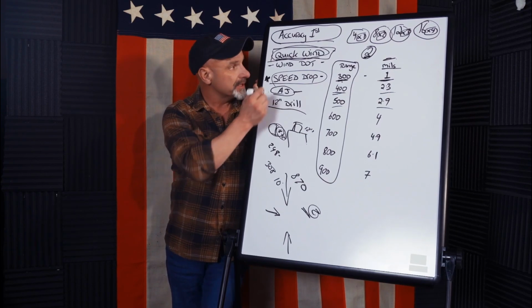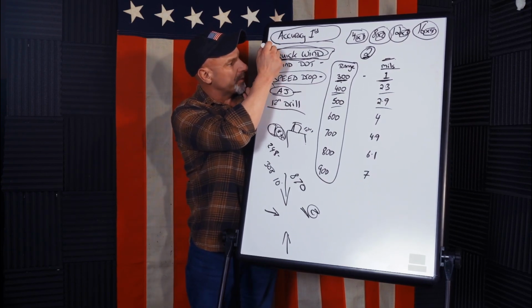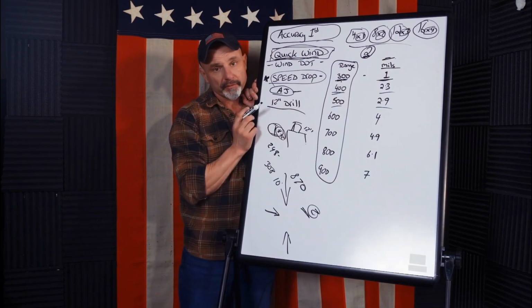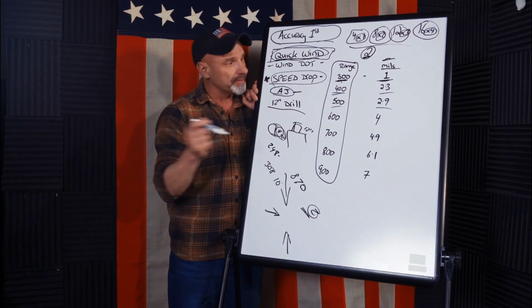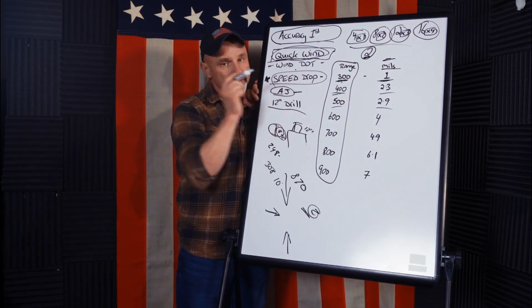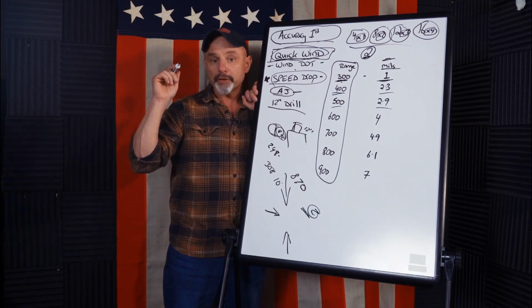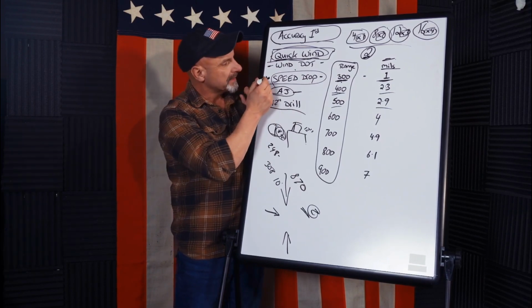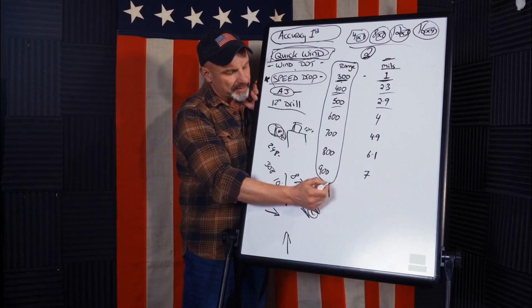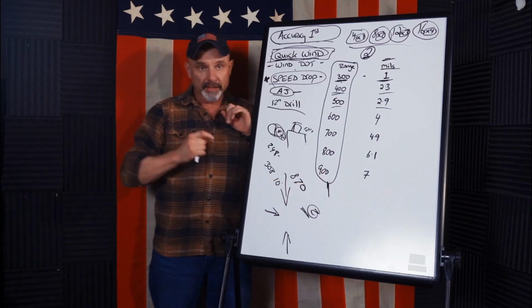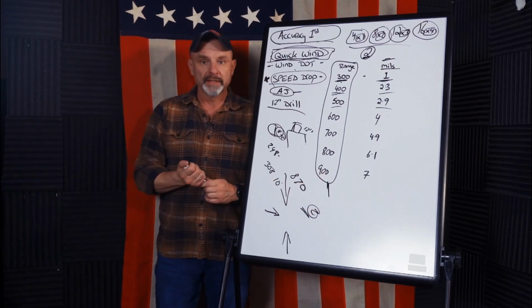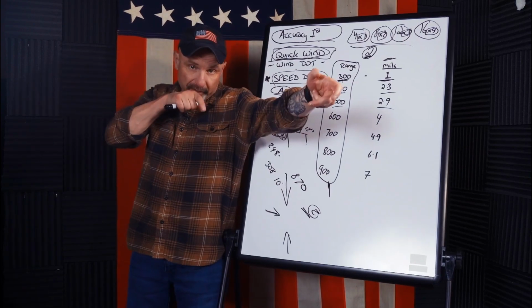So these are the windows inside. Quick wind gives you a quick wind number for the short wind formula designed by Accuracy First. The wind dot gives you the wind dot value for your Tremor 3 reticle. The speed drop gives you a mechanism to remember all your data ever. If my speed drop number is 2, anytime I'm at 700 yards, 5 mils, bang.